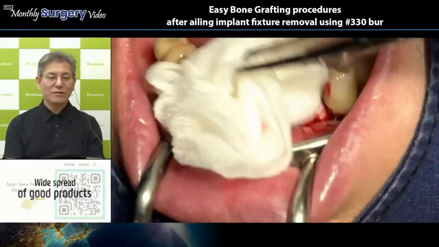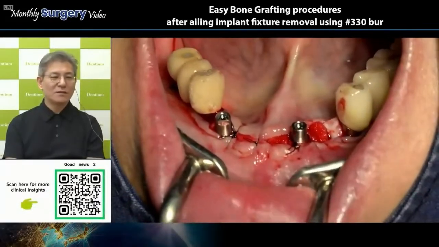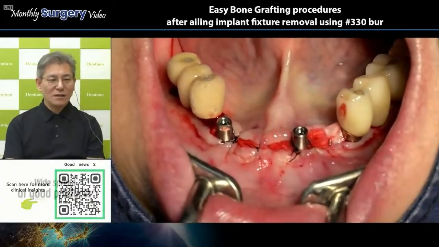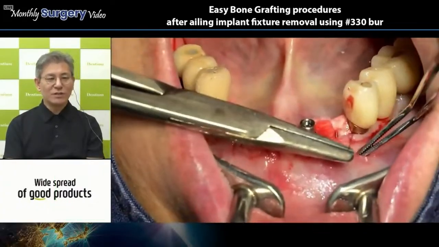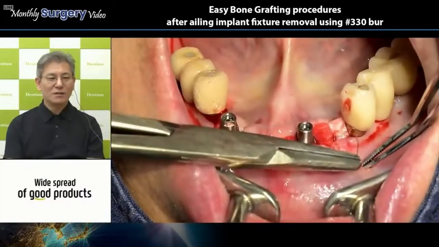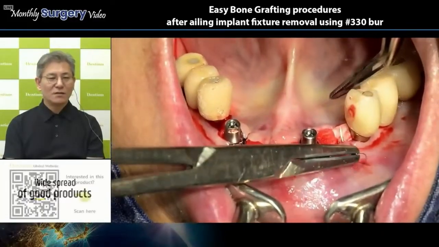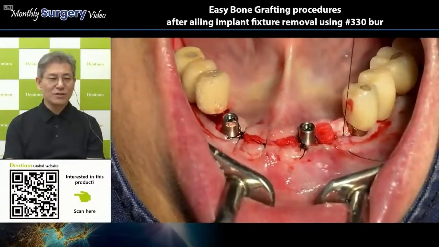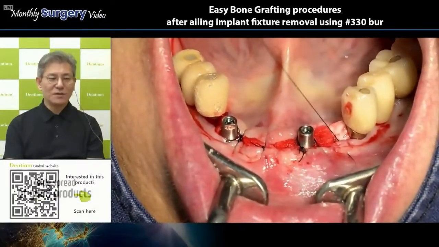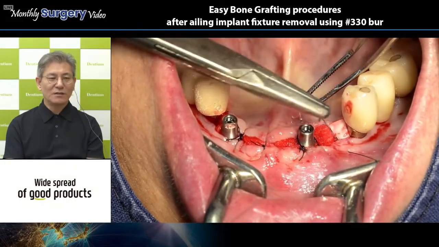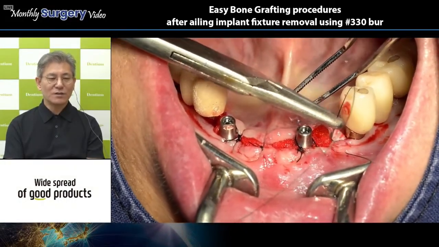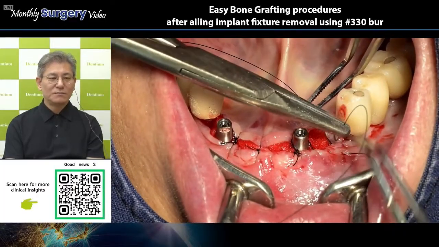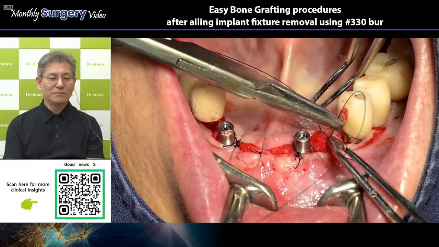Okay, the surgery is almost done, and he needs more interrupted sutures. Before this, modified horizontal mattress sutures were applied on this area, already done. Now interrupted sutures will be applied here.